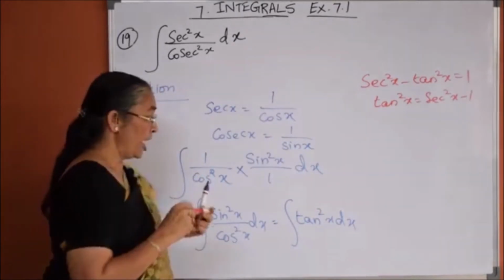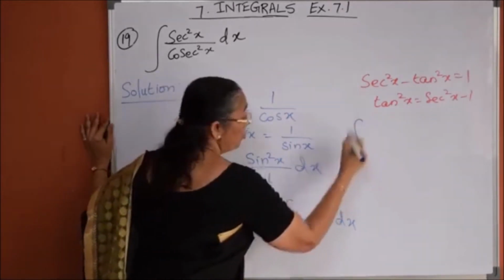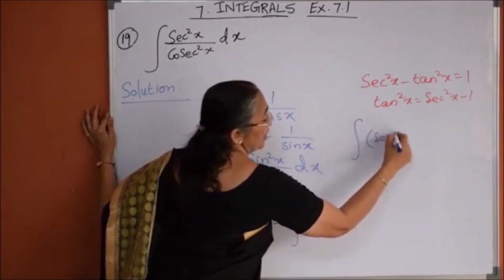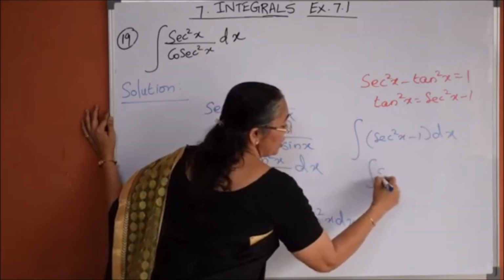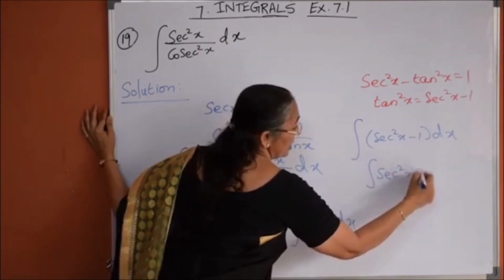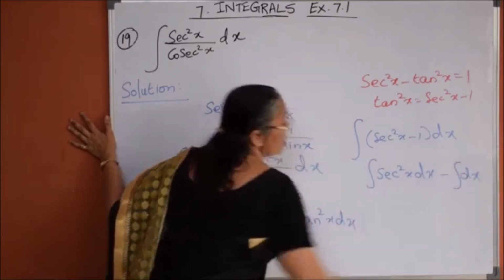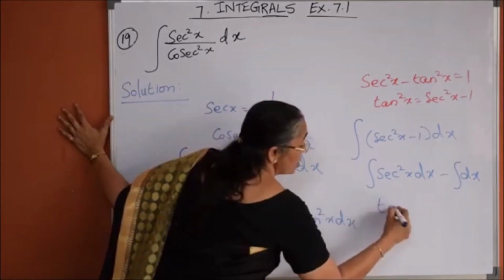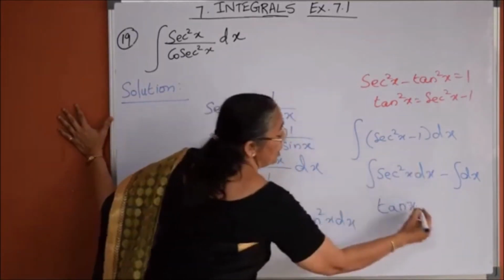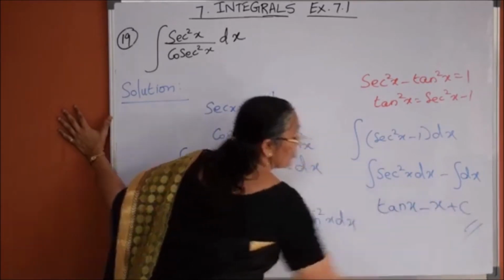So we will write tan square x dx as the integration of secant square x minus 1 dx, that is the integration of secant square x dx minus the integration of 1 dx. Now the integration of secant square x we know, that is tan x, and the integration of 1 dx is x plus c.